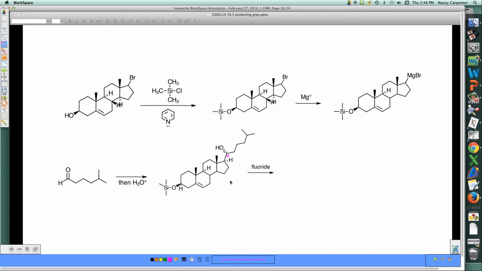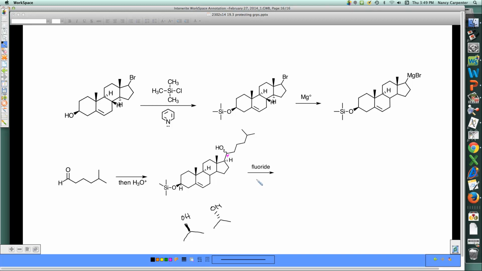Those would be diastereomers. So I'll end up with a pair of diastereomers where the two stereocenters here are referred to as epimers. In any case, this was my protection stage.